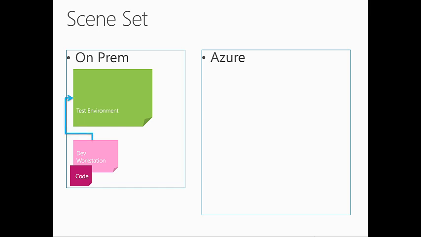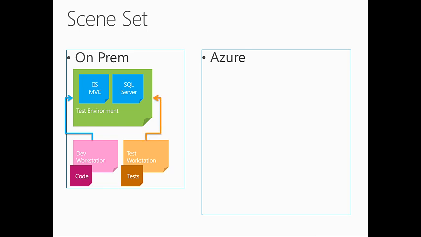In their test environment, they have one IIS web box and one SQL Server box. Currently, their test team manages their tests using Excel, and they execute all tests manually. They execute their tests using a browser on their own machines, pointing at the single shared test environment.